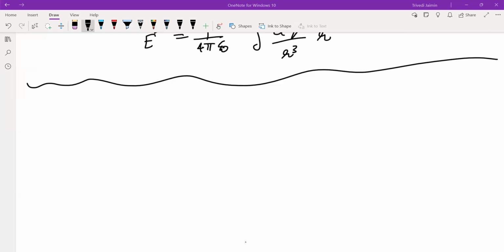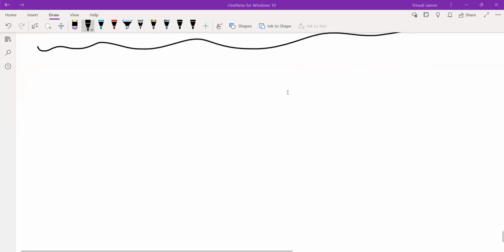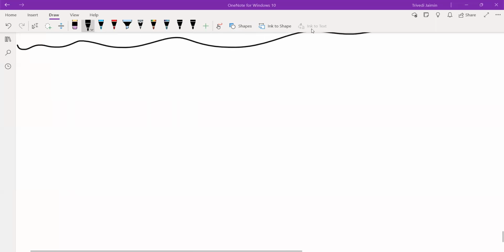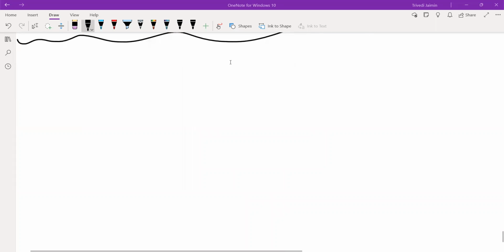What do you remember? Adesha, what is charge? We are talking so much about charge. Do you remember what is charge? Are you answering something?